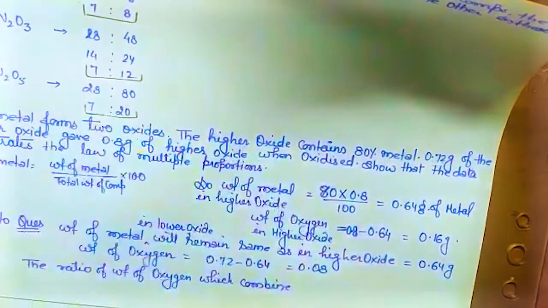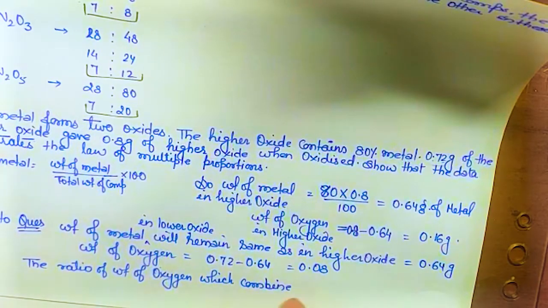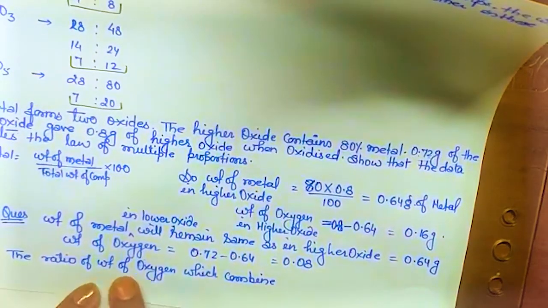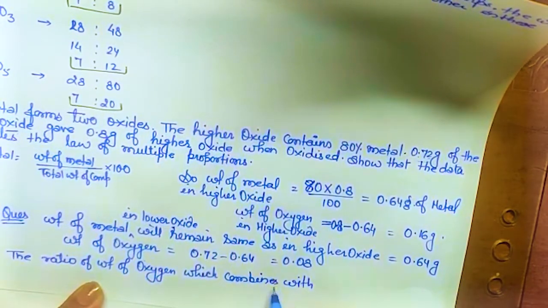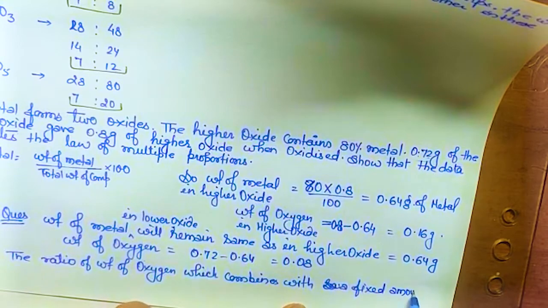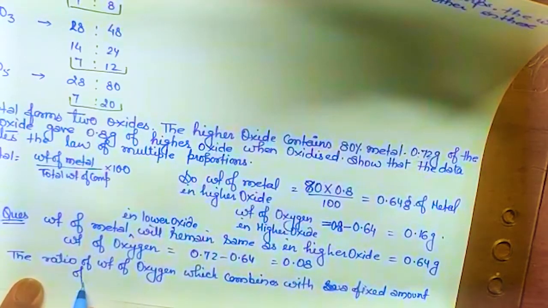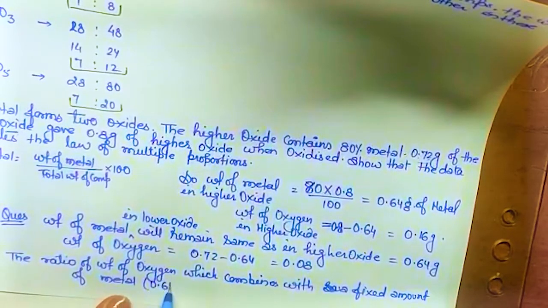So with a fixed amount of metal, different weights of oxygen are going to react, so that we will find the ratio. The ratio of weight of oxygen which combines with the same, or fixed, amount of metal. What is that fixed amount of metal? 0.64 gram, isn't it?